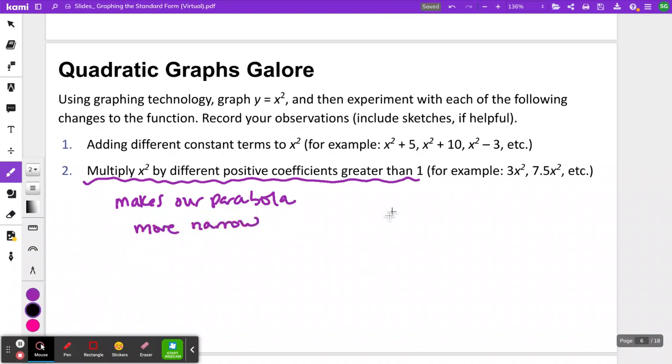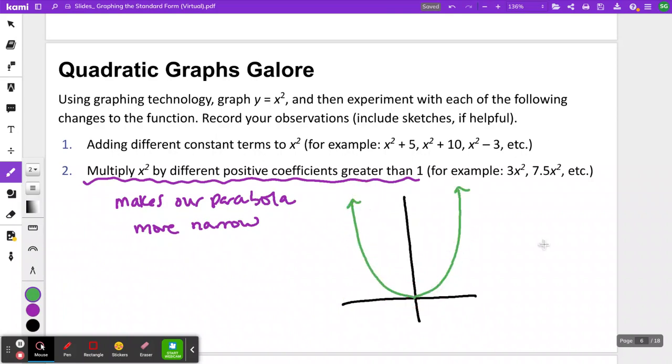And so again, I like to include pictures in my notes as well. So I'm going to do the same thing. I'm going to use one color to show that parabola we were starting with, y equals x squared. And then I'm going to pick a different color to show what happens when we pick a positive coefficient greater than 1. So I'm going to do this example one, the 3x squared.